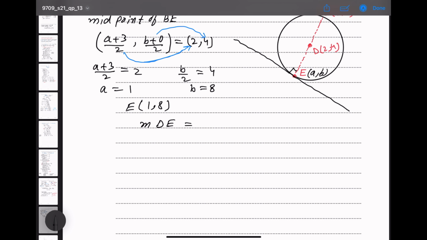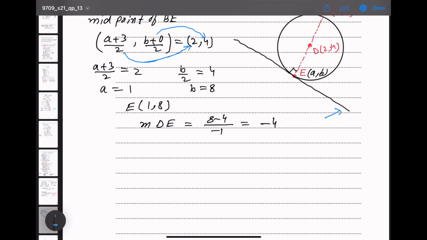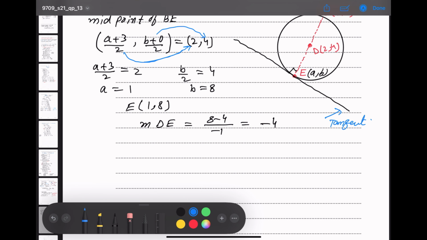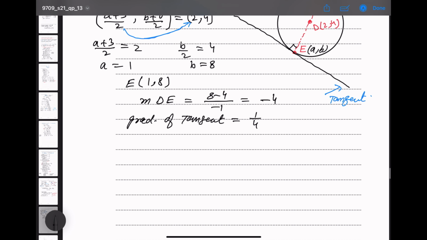Gradient of DE is 8 minus 4 over 1 minus 2, that is minus 4. This is the gradient of DE. But what is the gradient of the tangent? Negative reciprocal of this. So the gradient of the tangent will be negative reciprocal of minus 4, which is 1 over 4.